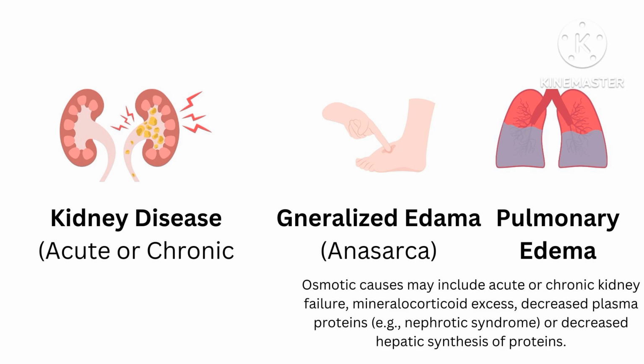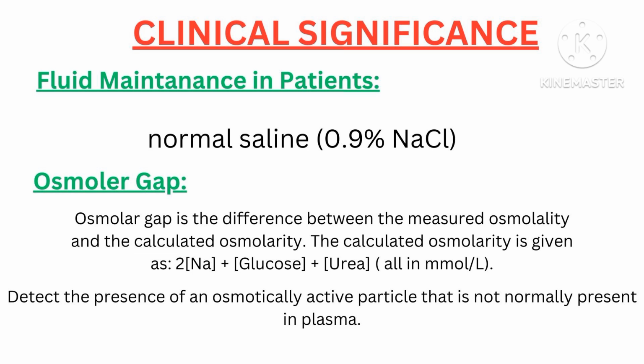In the case of extracellular edema, more commonly considered clinically, osmotic causes may include acute or chronic kidney failure, mineralocorticoid excess, decreased plasma proteins, for example nephrotic syndrome, or decreased hepatic synthesis of proteins. Symptomatically, this may present as either generalized edema, also known as anasarca, or it may be more localized, as seen in sacral, pretibial, pulmonary edema. Clinical significance.